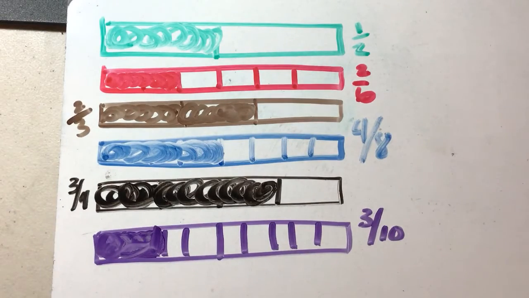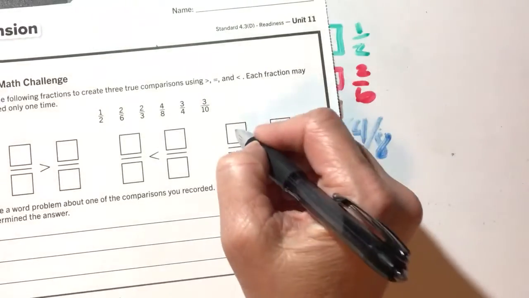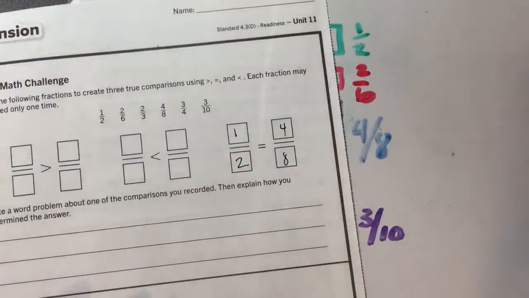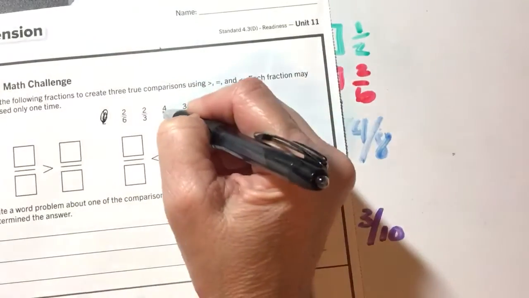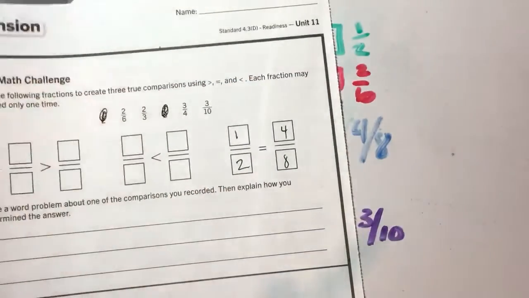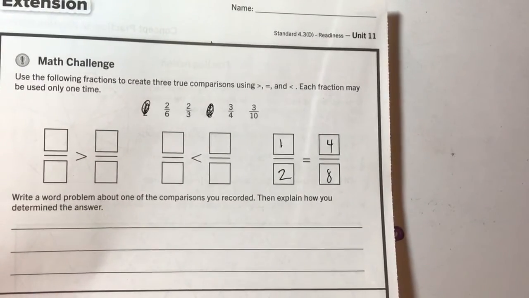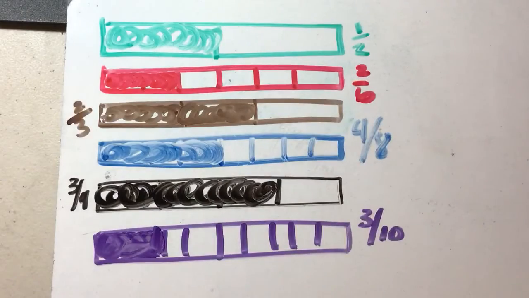So right off the bat, I can see that the equal ones are the half and the 4/8. Okay, so I can mark out the half and the 4/8. See if you can look at what's left, which is the 2/6, 2/3, 3/4, and 3/10, to figure out the greater than ones and the less than ones. Pause your video and see if you can do that.